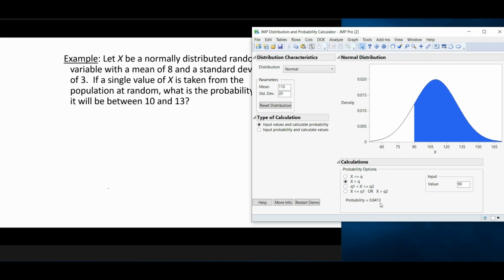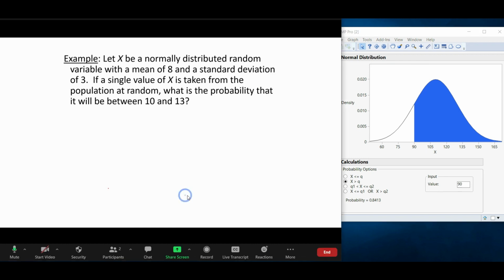Okay, and then our final example here: let x be a normally distributed random variable with a mean of 8 and standard deviation of 3. If a single value of x is taken from the population at random, what's the probability it will be between 10 and 13? So it's always nice to draw yourself a little picture of what's going on here.